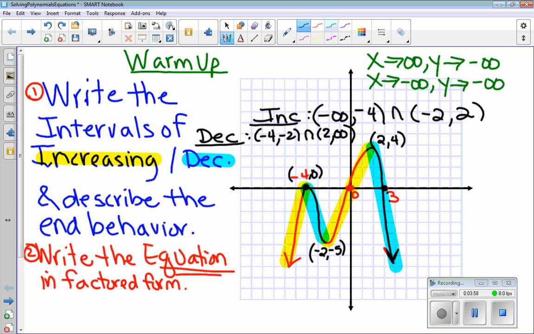I know it's going down in the picture, but we're looking at the x's. We're looking at off to the right. Right means positive infinity. So those are our intervals of increasing and decreasing. So that's kind of what you were asked to do on the quiz. Graph it and write your intervals and end behavior. Okay, remember, intervals of increasing and decreasing, we're only looking at x values.